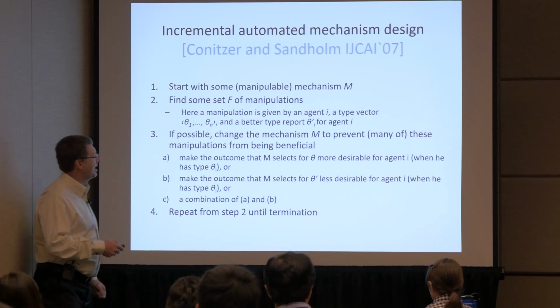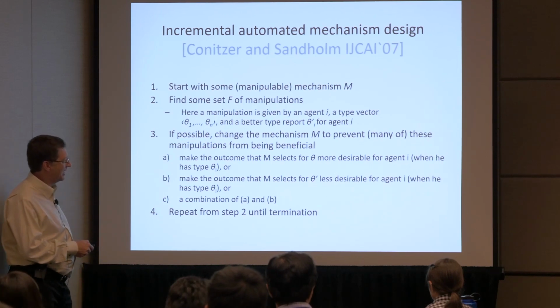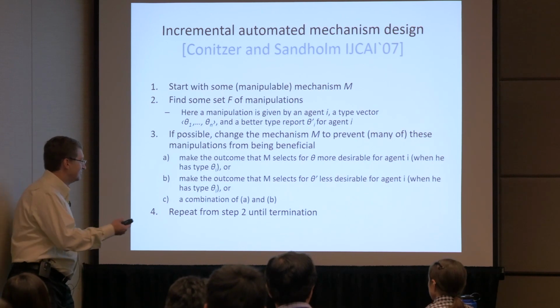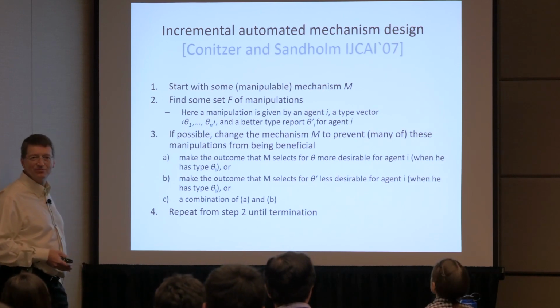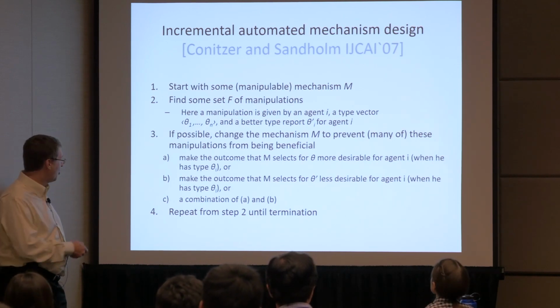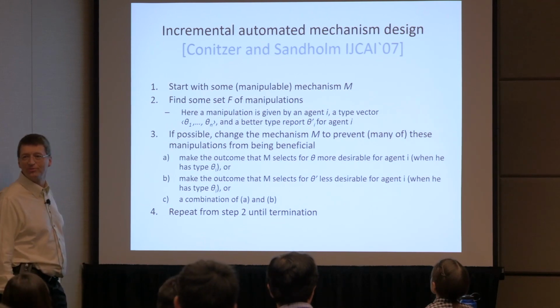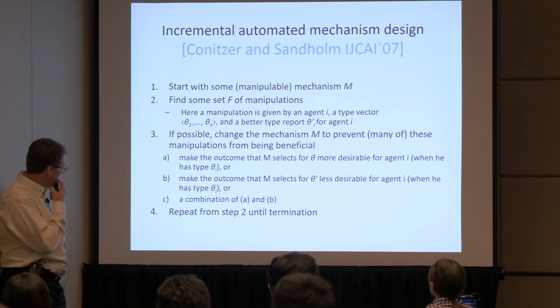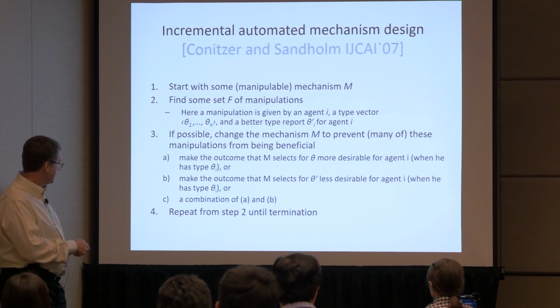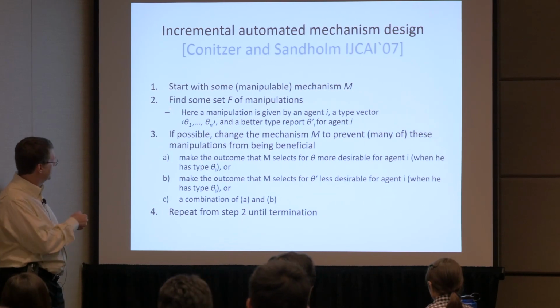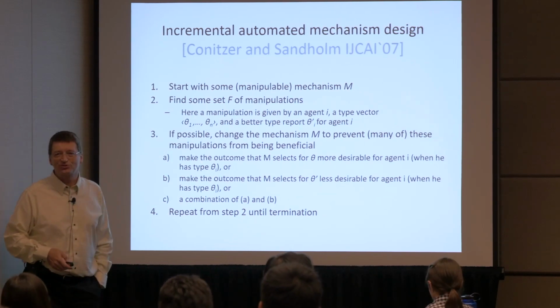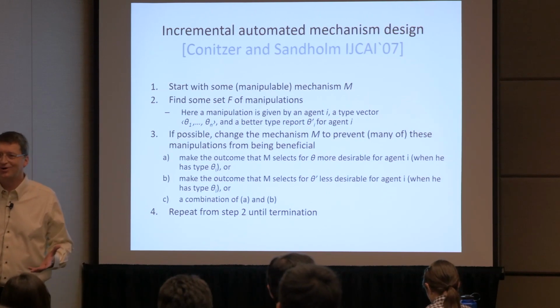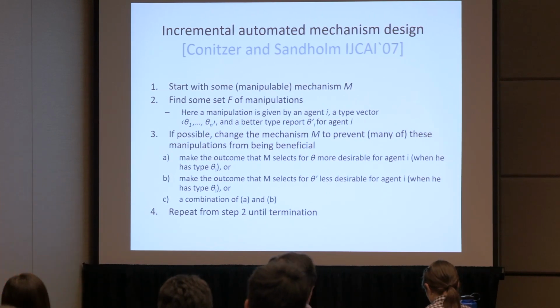Or B, you could make the outcome that M selects for theta prime less desirable for agent i, so agent i would be less incentivized to lie and say theta prime. Or you could do a little bit of both. So there's again choice here in the template, and then you repeat from step 2 until termination. And what's termination? Well, that's another choice. Well, how does it terminate?